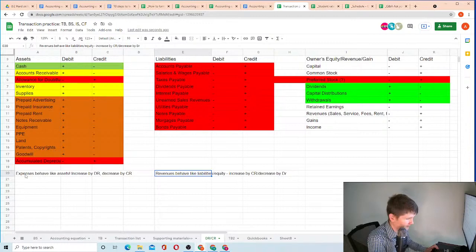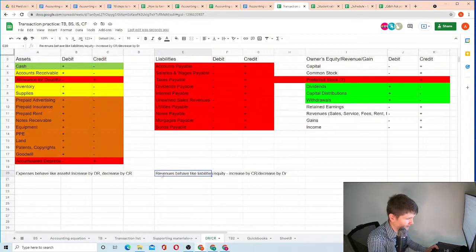If you already learned that assets increase by debits and liability increases by credit, then revenue is like liability. It increases by credit. And expense increases by debit. So expense is the opposite of revenue, and asset is kind of the opposite of liability.